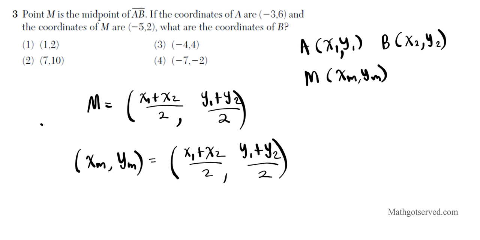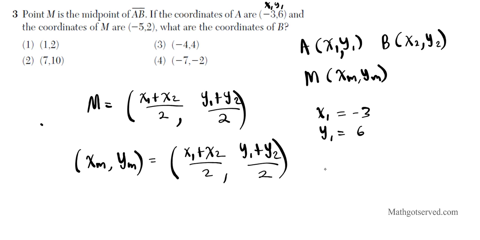All right, so let's see. In this problem, x1 is going to be -3, and y1 is going to be 6, because that's the first point, x1, y1.